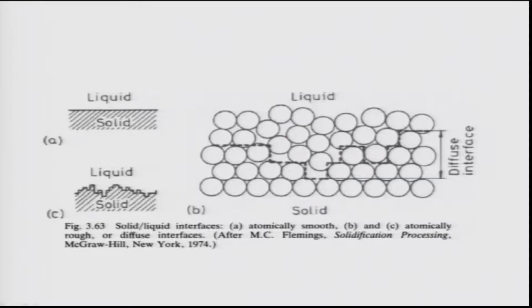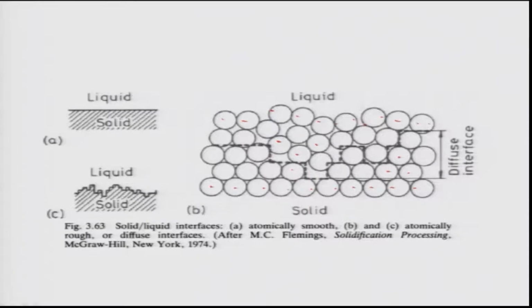Why? Because in solids atoms are nicely ordered. In liquids atoms are random. There is no order in it. In between, somewhere they are ordered, somewhere they are not ordered. So they are neither completely part of the solid nor completely part of the liquid.